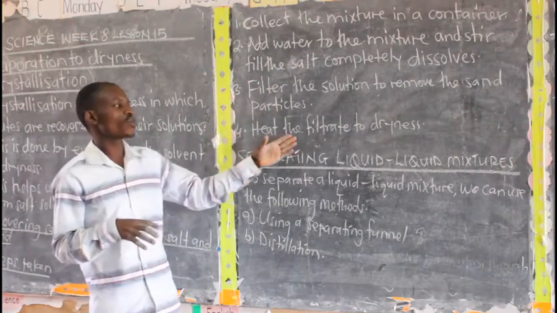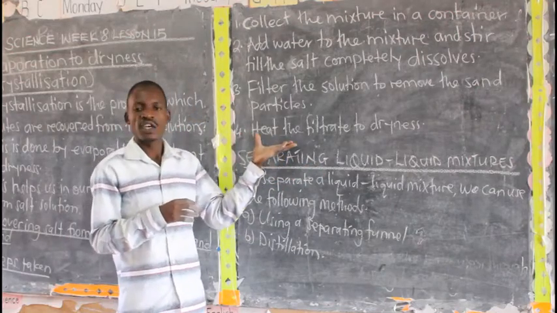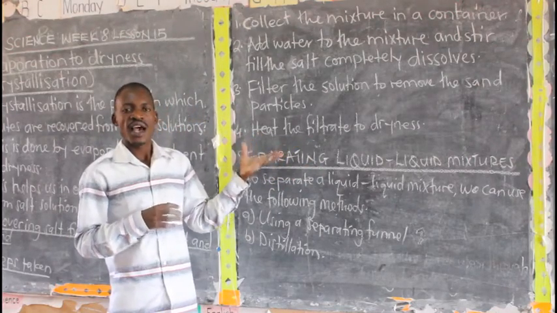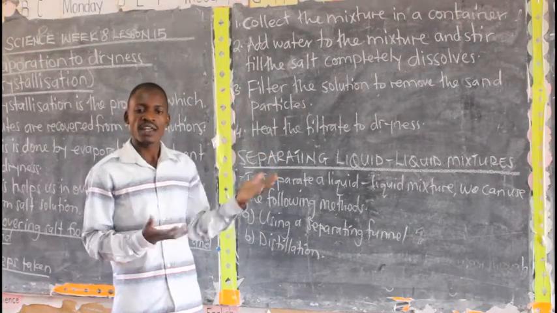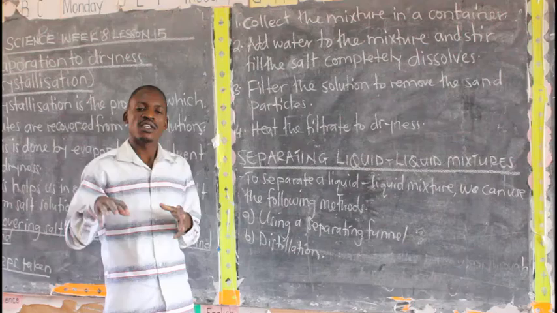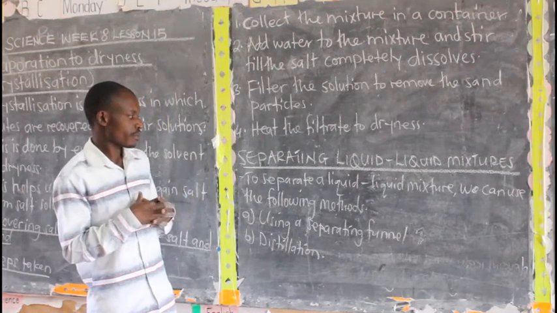Then heat the filtrate to dryness. The solution collected as a filtrate, you heat it until the saucepan dries. You will remain with salt in the saucepan and sand alone as a residue on the filter paper.